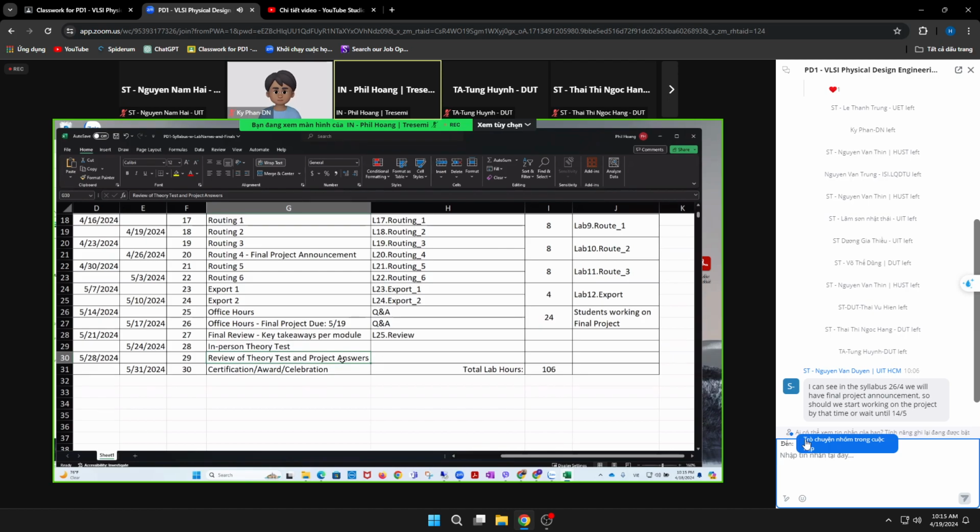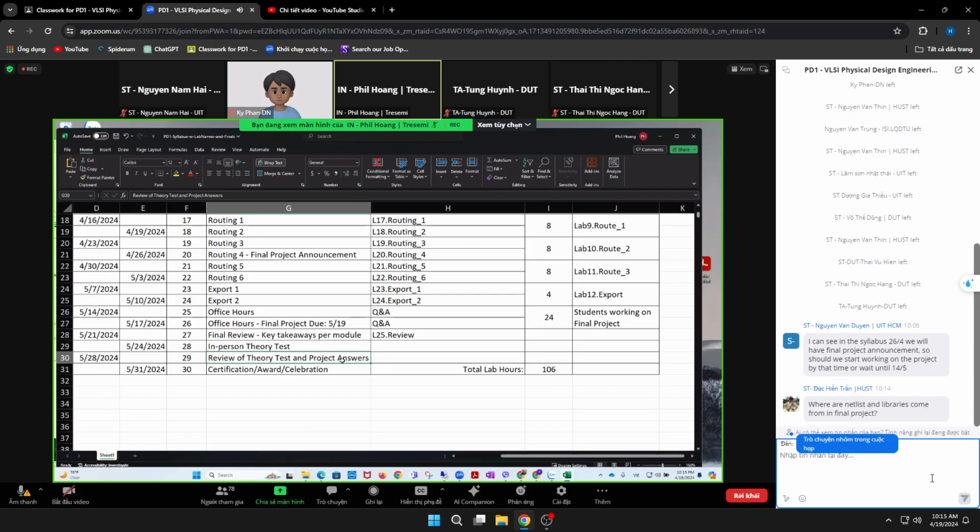Còn Trần Hiển Đức hỏi where the netlist and library come from the final project. Thì lần đầu là chúng tôi dự định là làm một cái RISC-V, một con chip dựa trên RISC-V và SkyWater 130.